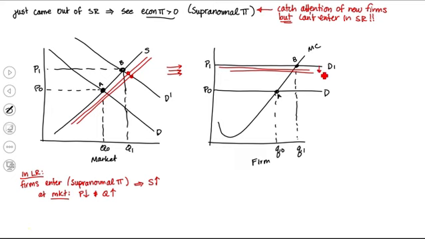So at the market level, price goes down, quantity's going up, but at the firm level, remember they adopt the lower price. If they adopt the lower price, their demand curve shifts down, right? So we're going to see a demand decrease.